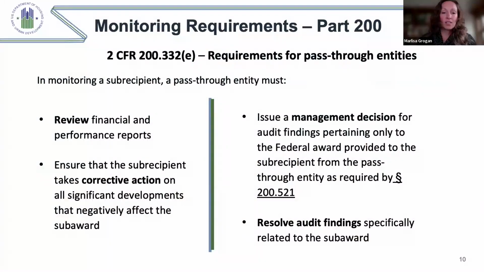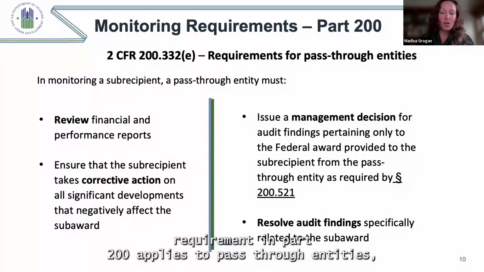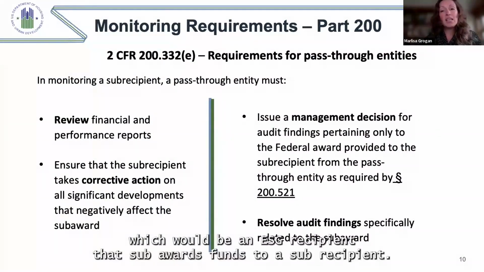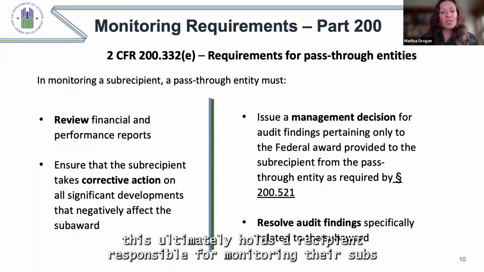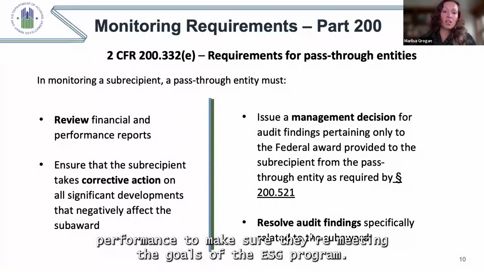So the other key requirement in Part 200 applies to pass-through entities, which would be an ESG recipient that subawards funds to a subrecipient. So here at 2 CFR 200.332E, this ultimately holds the recipient responsible for monitoring their sub's performance to make sure they're meeting the goals of the ESG program.